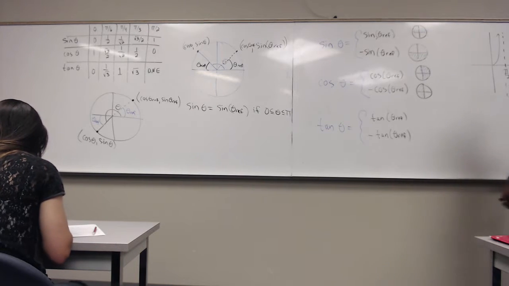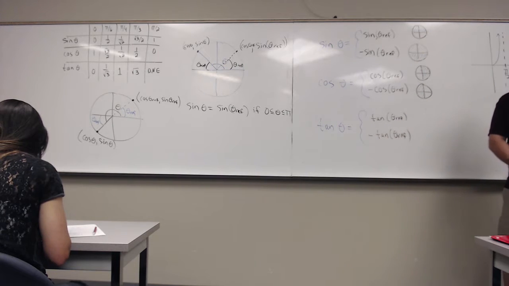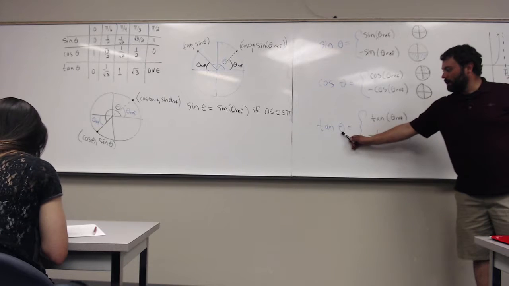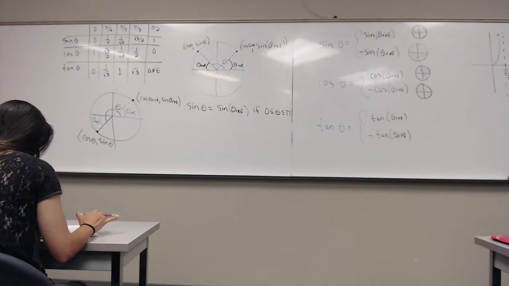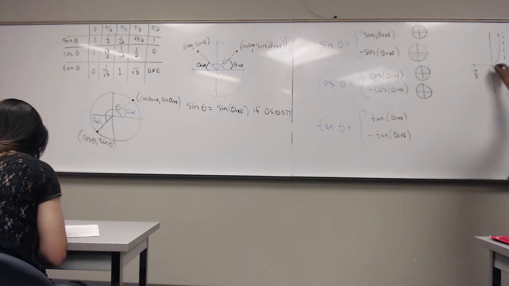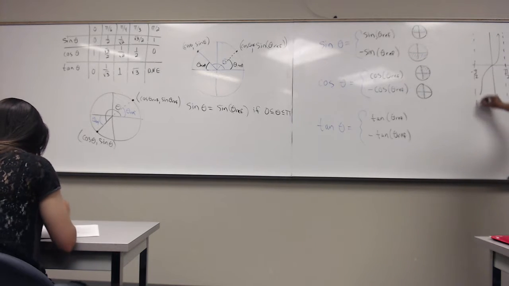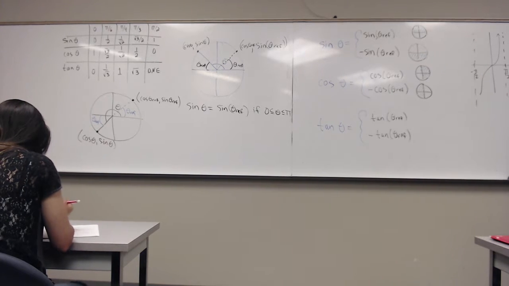Okay. So tangent of theta is going to be tangent of the reference angle wherever theta is going to give you a positive value of tangent. Looking at the graph of tangent, theta is positive for angles from minus pi over 2 to pi over 2, that's in the first or fourth quadrant.